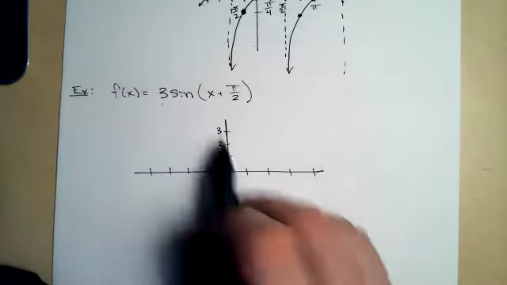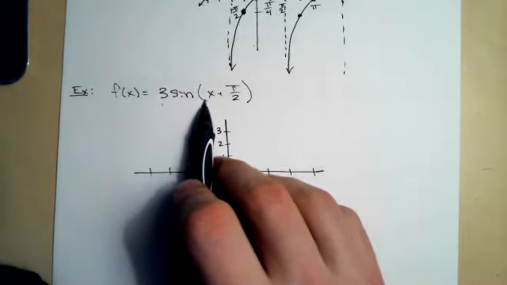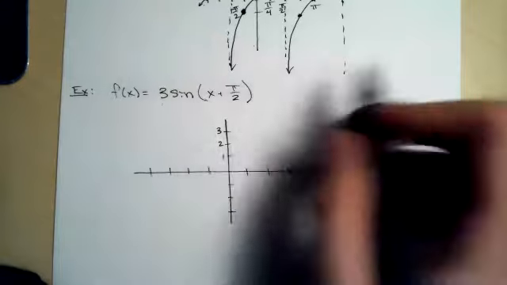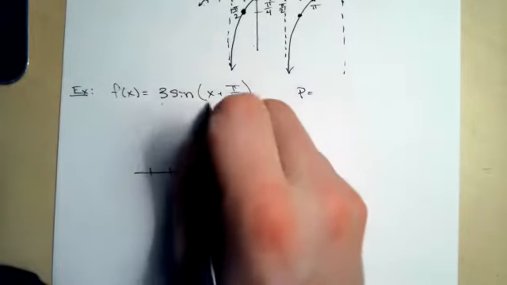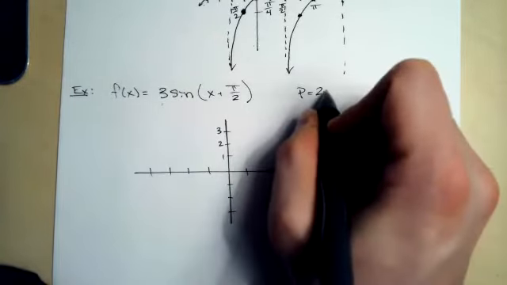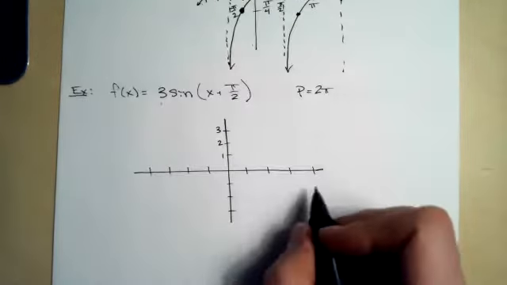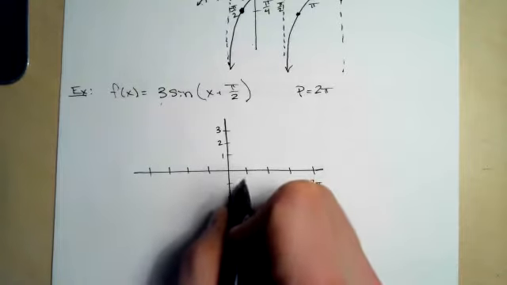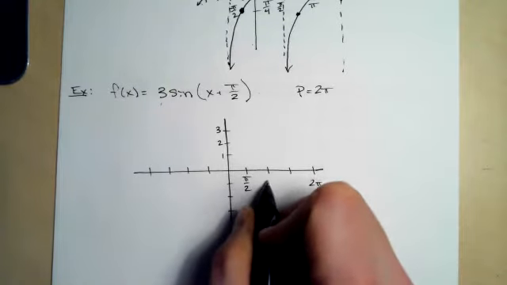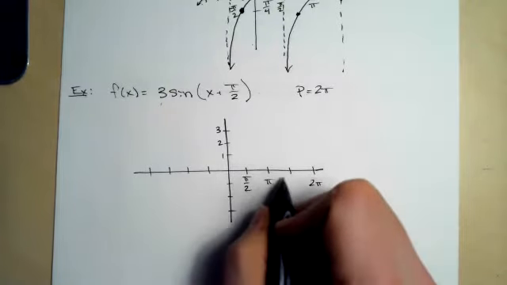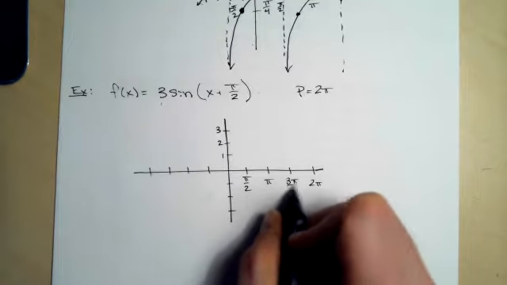But horizontally, it's going to depend on the period. So our period here, since that b term is just 1, is still going to be 2 pi. Which is nice now, because our tick marks are then pi over 2, pi, and 3 pi over 2.